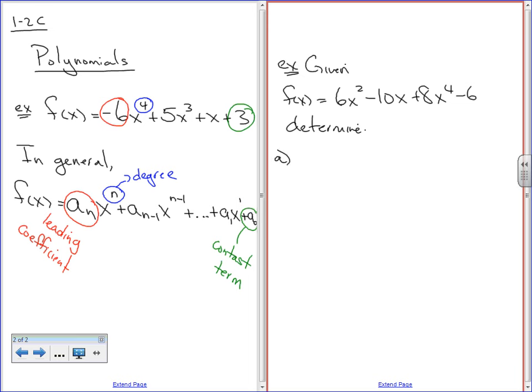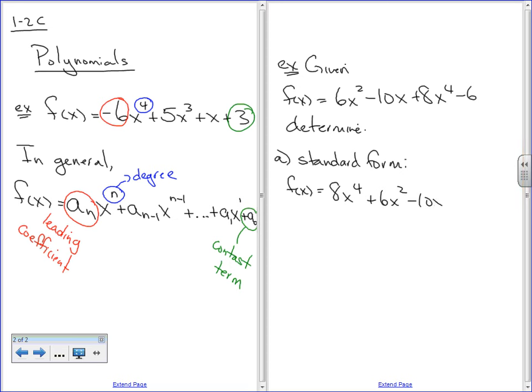So determine the polynomial in standard form. So in standard form, all you have to do is rearrange the terms so that the x's go in descending order of their exponents. Okay, so this 8x to the 4, and 6x squared and the minus 10x and the minus 6. So that's standard. Any questions on that?